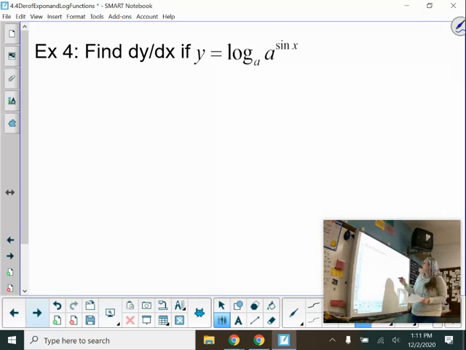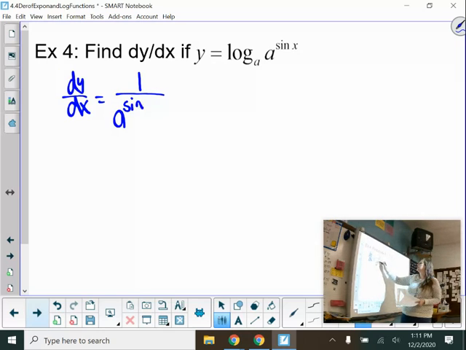So if we are taking the derivative of this, the very first thing you want to do is do 1 over what you're taking the logarithm of, so a to the sine of x, times the natural log of a, because again, a is my base there. And then I'm going to multiply that by the derivative of what I'm taking the exponent of. And this does include the chain rule.